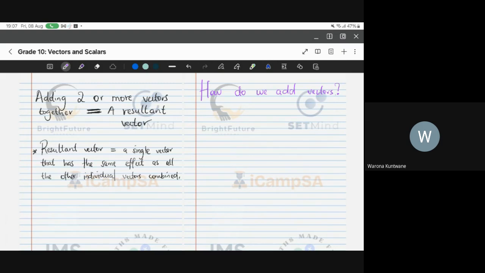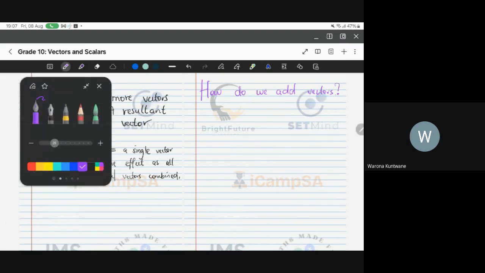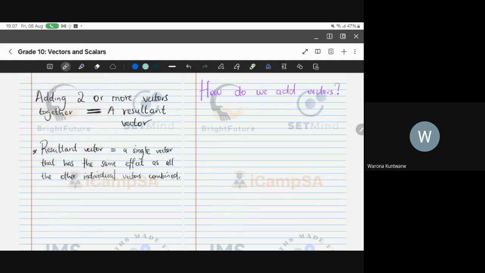So the way you do it, we use what we call the tail to head method. Now, before we get into the specifics of what this method looks like, let me show you.